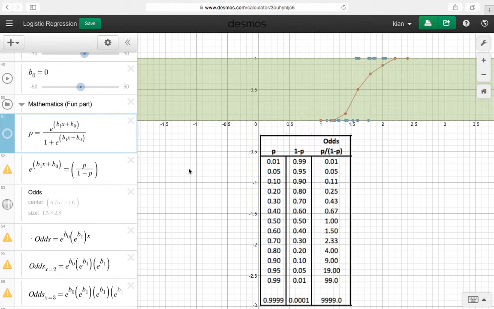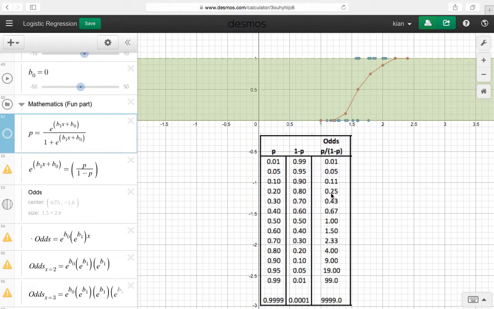So here we have a table with just some numbers for probability and some numbers for 1 minus p, and then if you calculate the odds as p divided by 1 minus p, we will have these numbers. As you can see, for a probability of 50%, 1 minus p is going to be 50% again, so 0.5 divided by 0.5 results in an odds of 1.